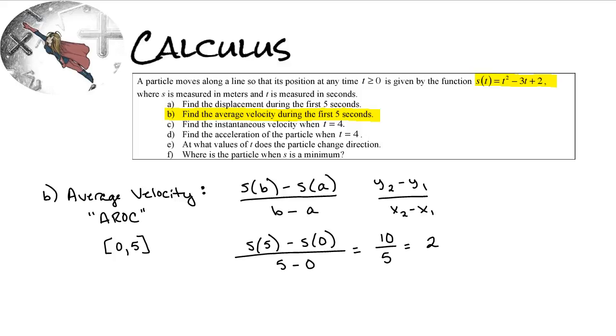And that's a velocity measurement, so we would say meters per second. So that would be that answer. Now we will do the next one, which is find the instantaneous velocity when t equals 4. Instantaneous velocity is just finding the derivative.